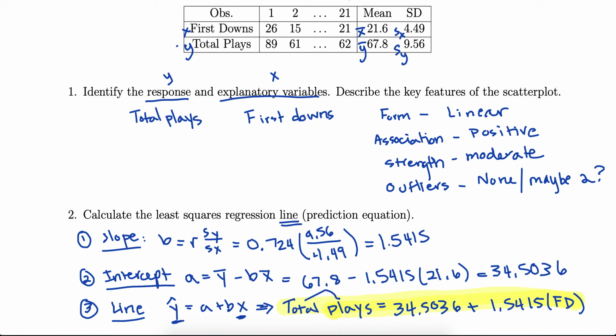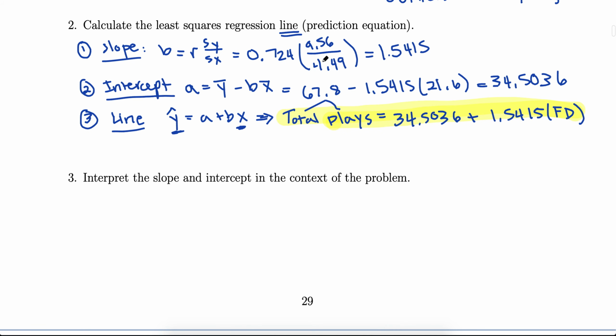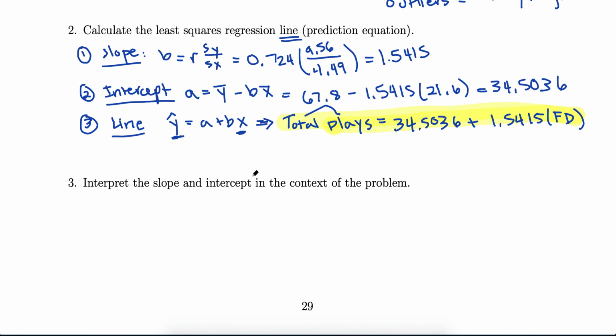All right. Next section is interpreting the slope and intercept in context. I'm going to skip the intercept part here. If you did that, excellent. Let's focus on the slope there. That's the most important part, understanding that relationship between x and y.